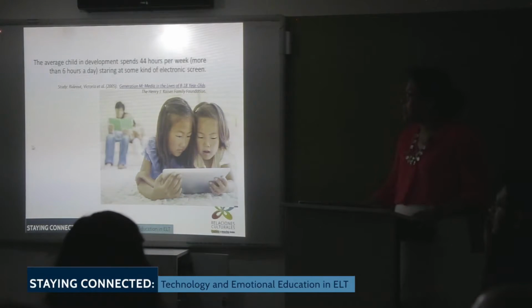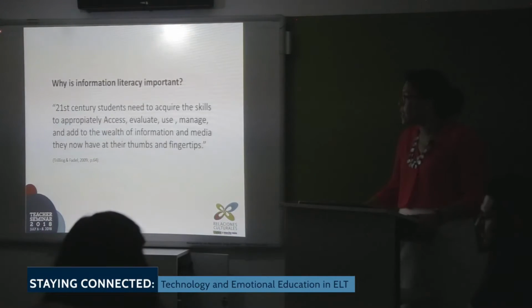Because that's what happens. Yes, students are able to see, and it's a little bit natural to them to look at screens and to be visually literate, but that doesn't mean that we should give them all the time to be on it. And if they are going to make use of these screens, they should know how. So why is information literacy important?